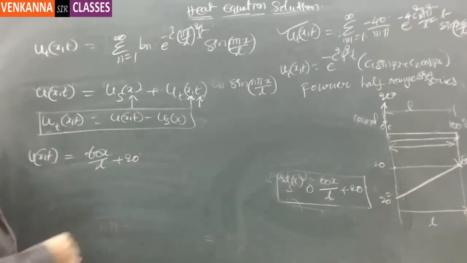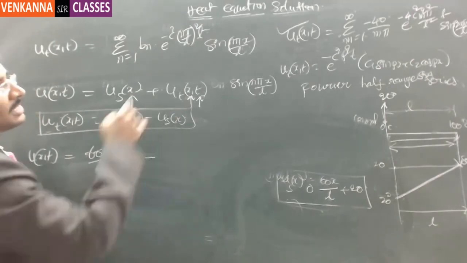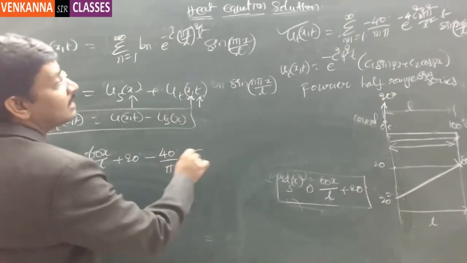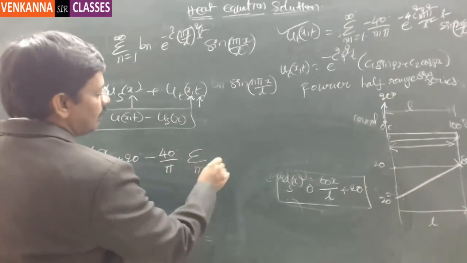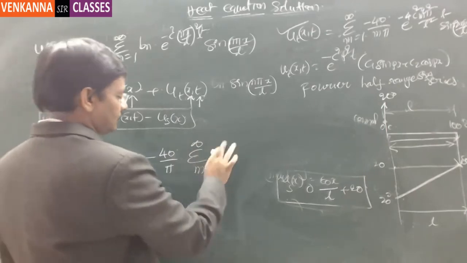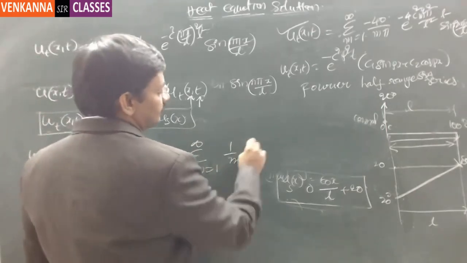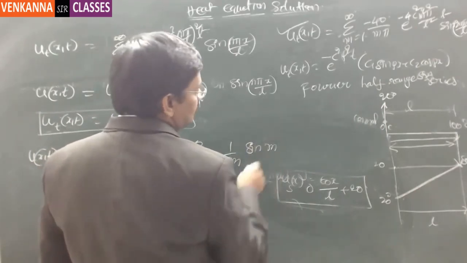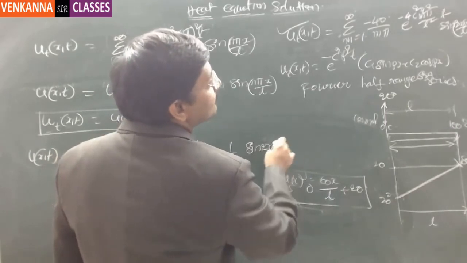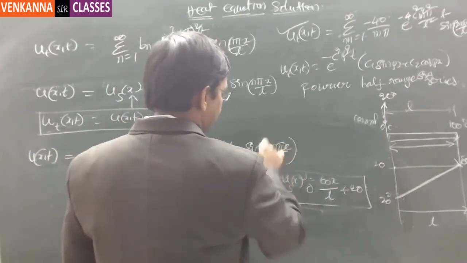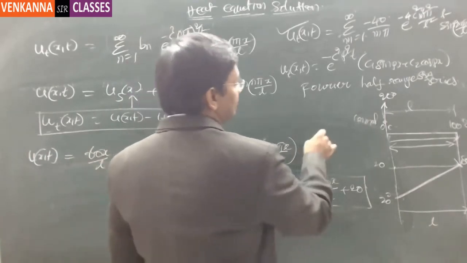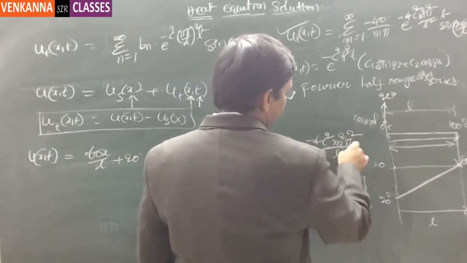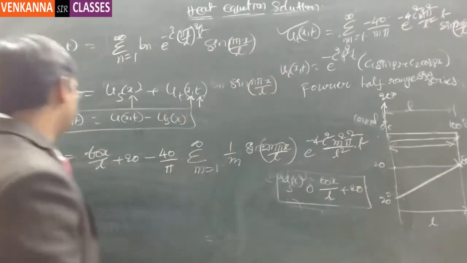And then the next one is minus 40 by pi, that is the transient solution, sigma m equal to 1 to infinity, 1 by m times sine of 2m pi x by L, into e power minus 4 c square m square pi square divided by L square into t. So this is the final solution.